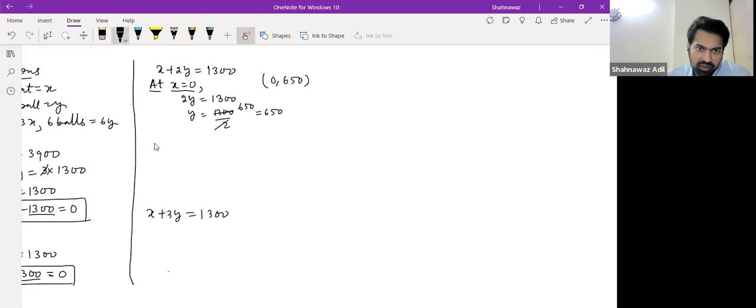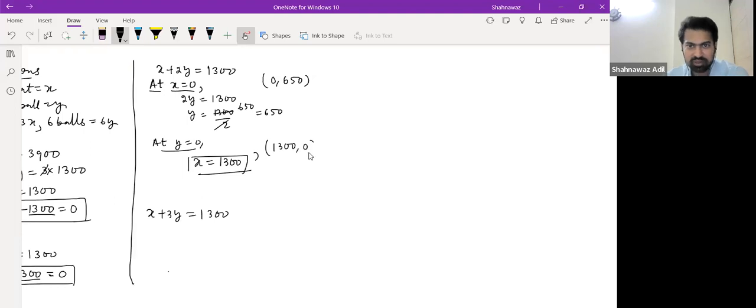And let us find the other point. At y equals 0, x is 1300. So the point would be 1300, 0.